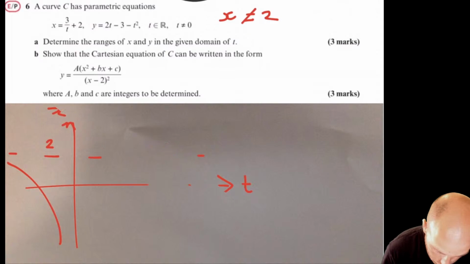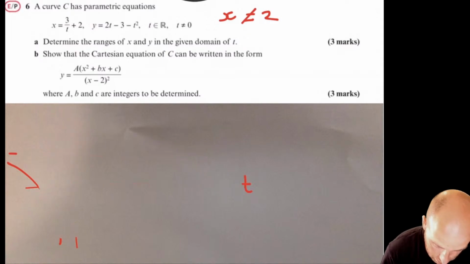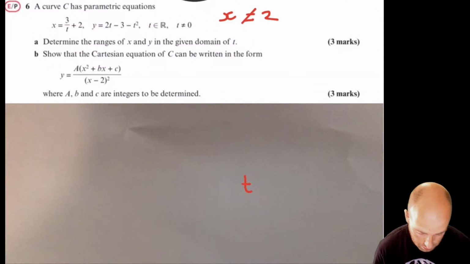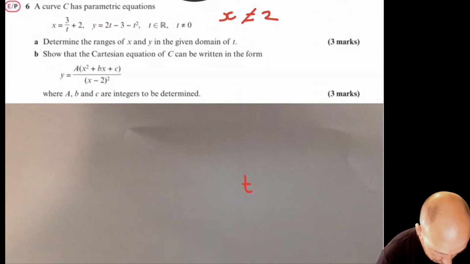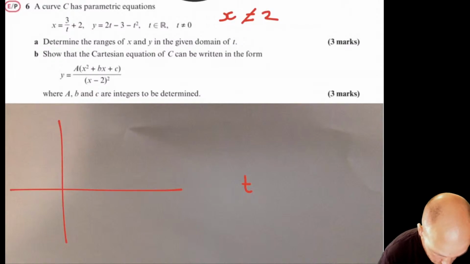Same thing for y. So y is a quadratic here. I'm just going to type this into the calculator so you can get an idea of what it looks like. So the quadratic has a minimum or a maximum at 1, minus 2, so it's actually there.